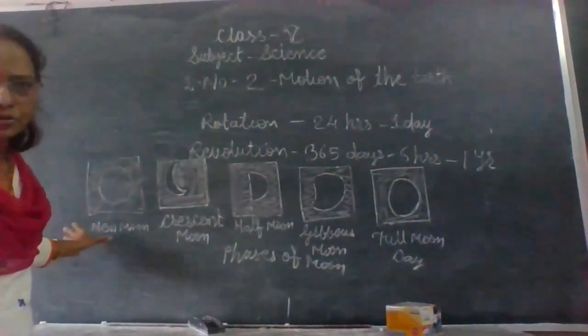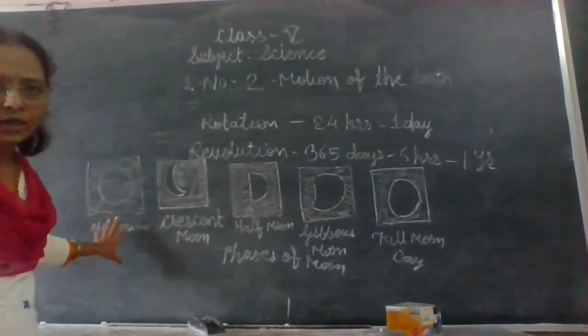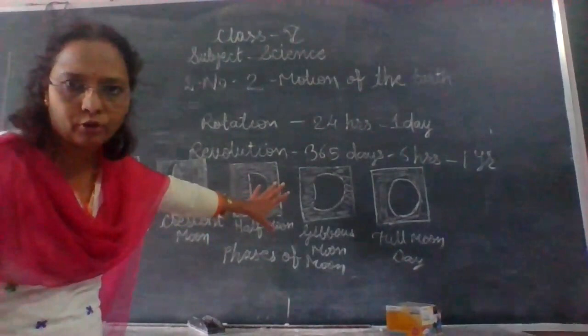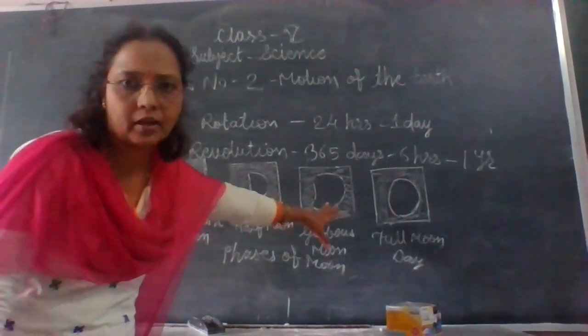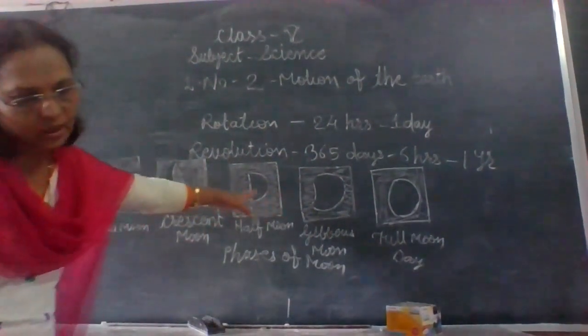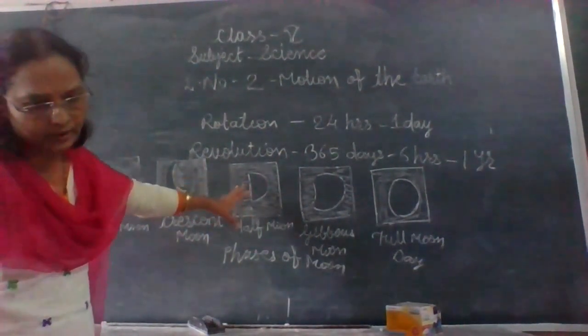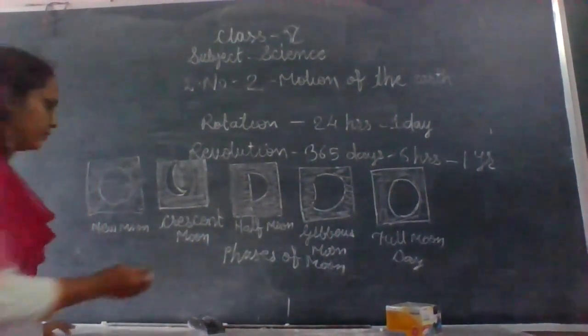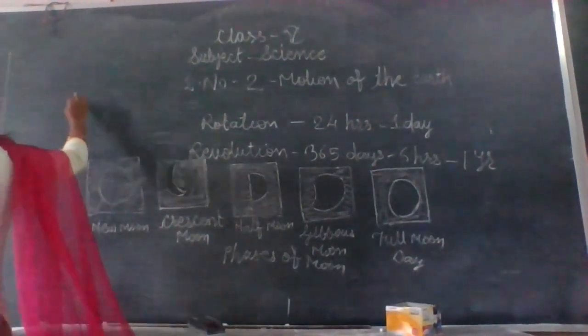Okay. You see in this picture, here no moon, then crescent moon, then half moon, then 3/4 moon, which means the gibbous moon, and then the full moon day. So these are the increasing sizes of the lighted part, and that phase is waxing.